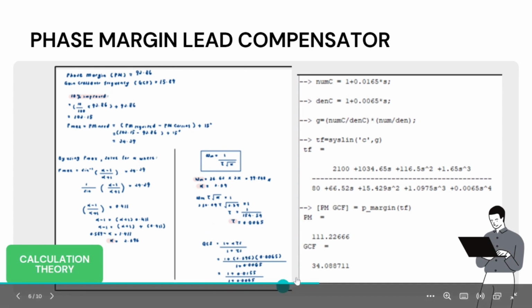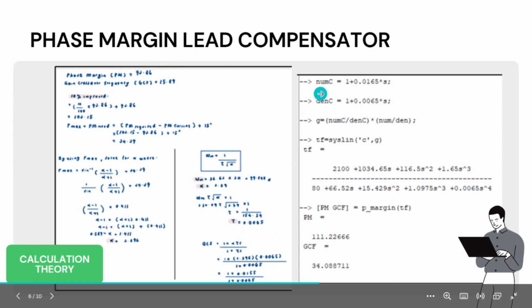This is the transfer function, which is 1 plus 0.0155s for the numerator, sorry, 0.0165s. For the denominator it is 1 plus 0.0065s. We substitute the values into the transfer function.